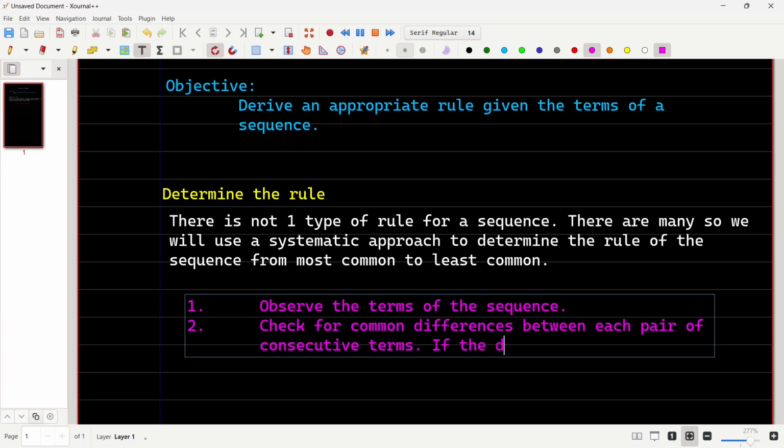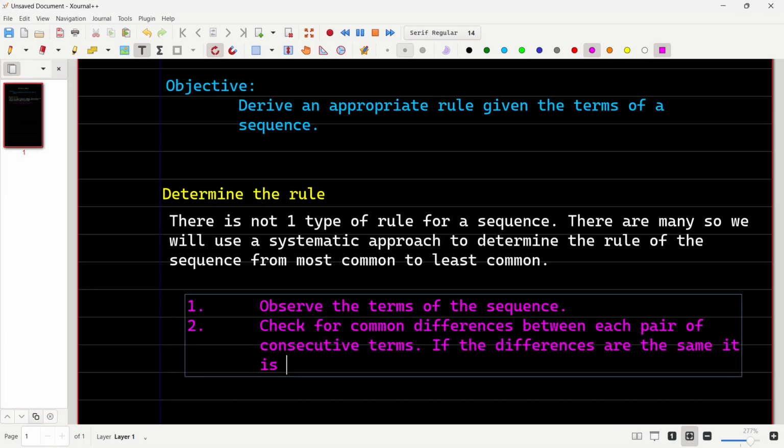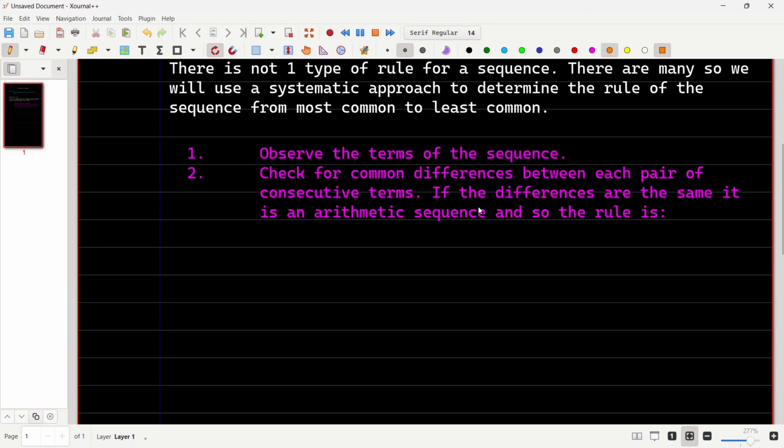If the differences are the same, it is an arithmetic sequence, and so the rule is a_n = a_1 + (n - 1)d.